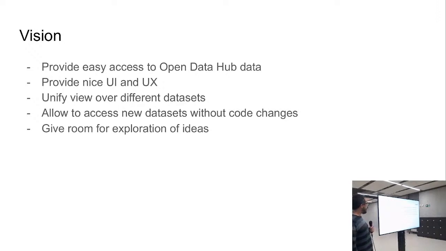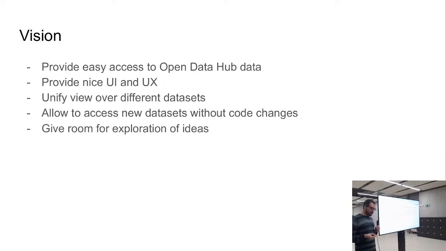The next important part was that the new data browser should allow access to new data sets without code changes, so without changing it. The thing is, the Open Data Hub is growing, so they are getting new data sets and even endpoints added in the future, I think.